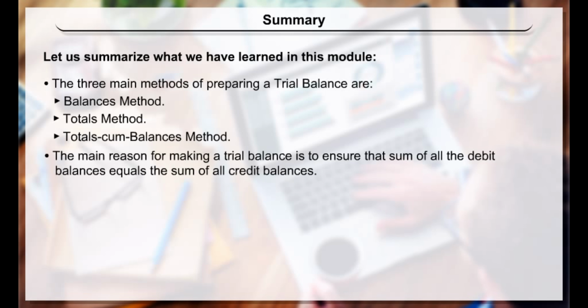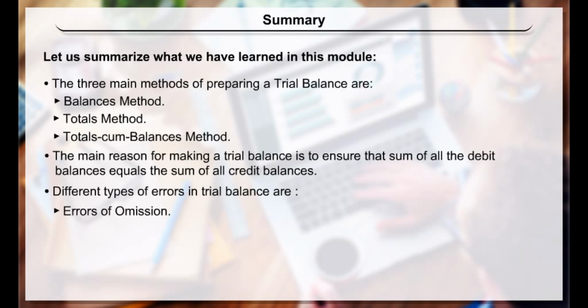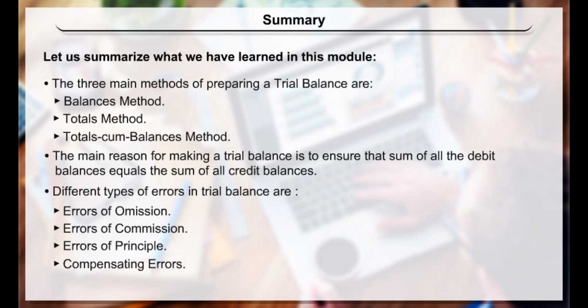The main reason for making a trial balance is to ensure that sum of all the debit balances equals the sum of all credit balances. Different types of errors in trial balance are: errors of omission, errors of commission, errors of principle, compensating errors.